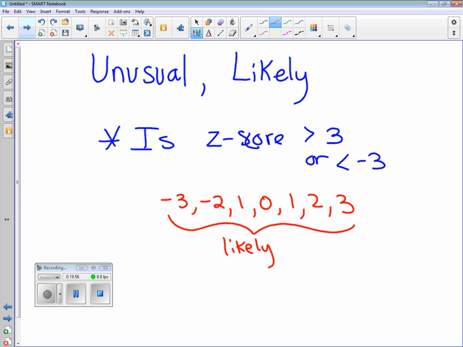Anything outside would be unusual. So we'll put these in a different color. Unusual. Strange. Weird. It's not likely to happen.